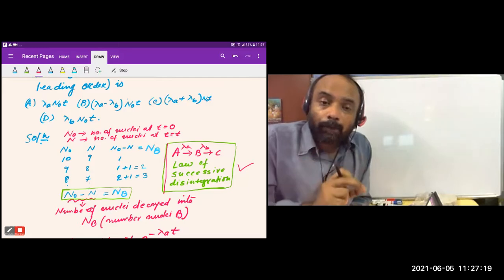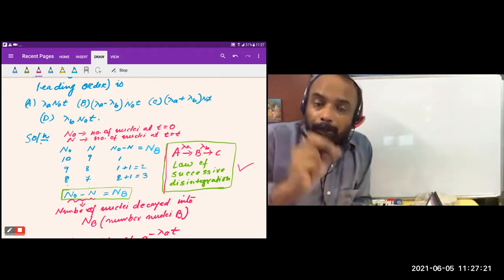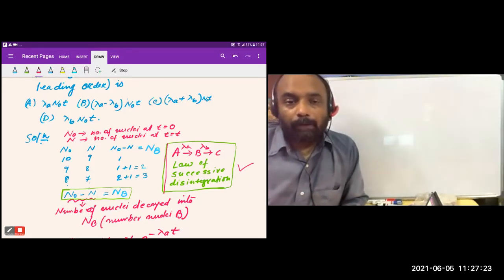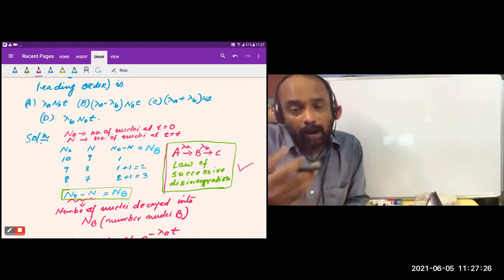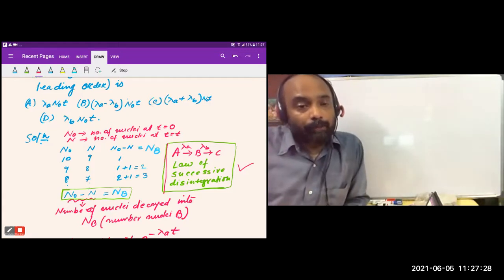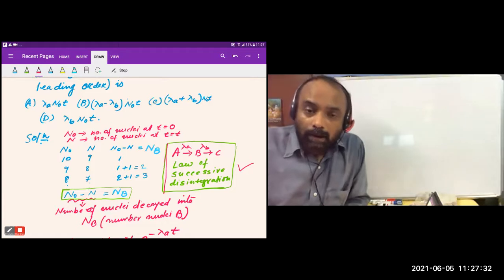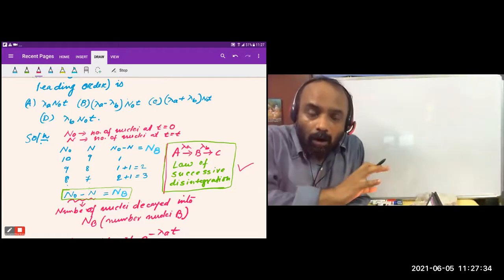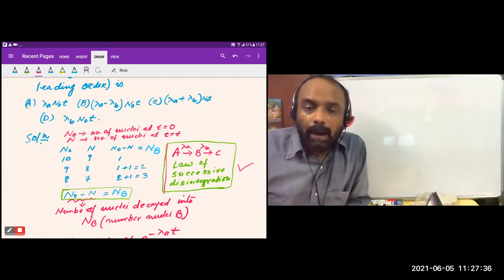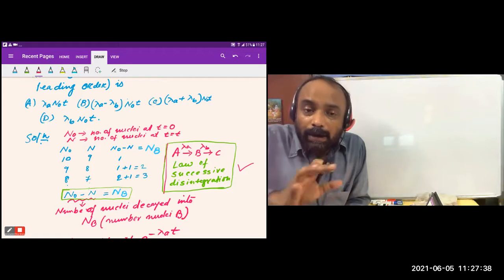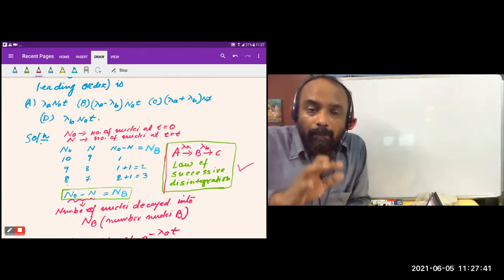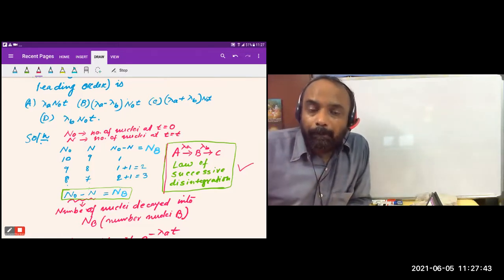That means we are going from B to C. B is disintegrating or decaying, and we are getting C. Options B and C connect all the 3 nuclei A, B, C with decay constants lambda A and lambda B.